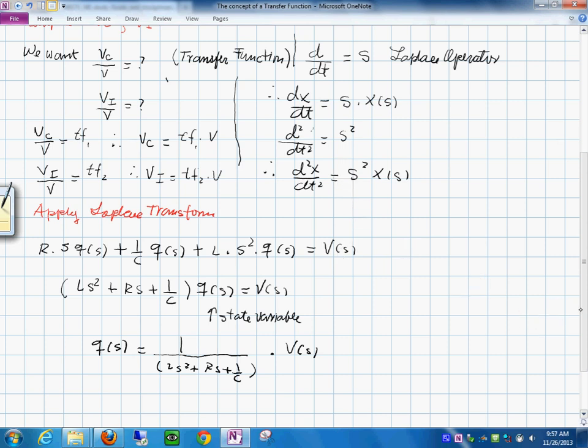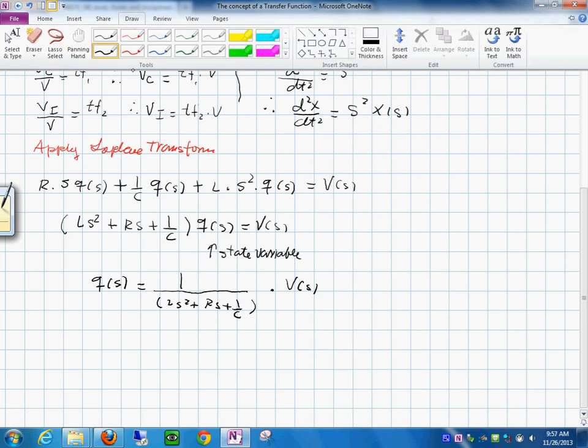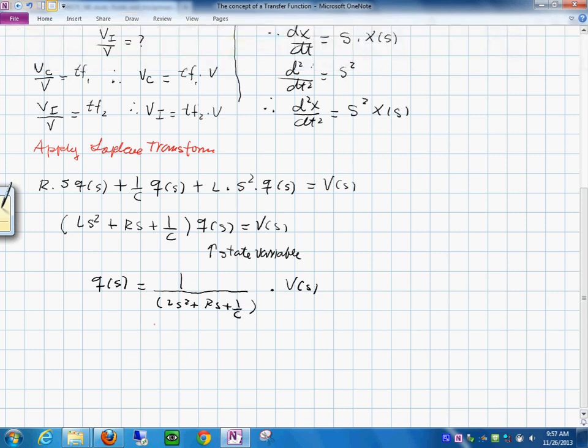This fraction, this ratio, is your transfer function. So it follows that this output is the transfer function times the input. But you see, this was our objective.